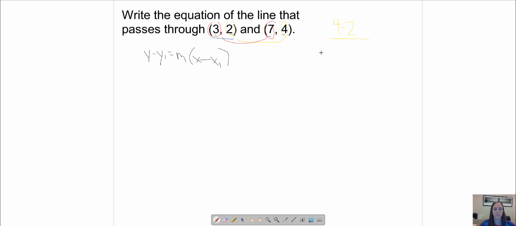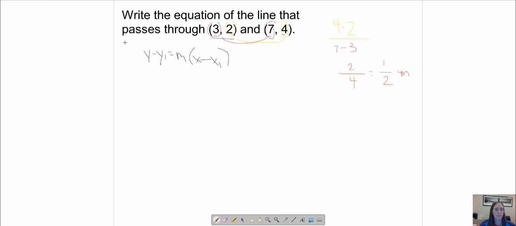So I'm going to go 7 minus 3 on the bottom. So 4 minus 2 is 2, 7 minus 3 is 4, and that will simplify to 1/2. So that is your slope, which they always use an m for. I'm not sure why they use an m, but they do.